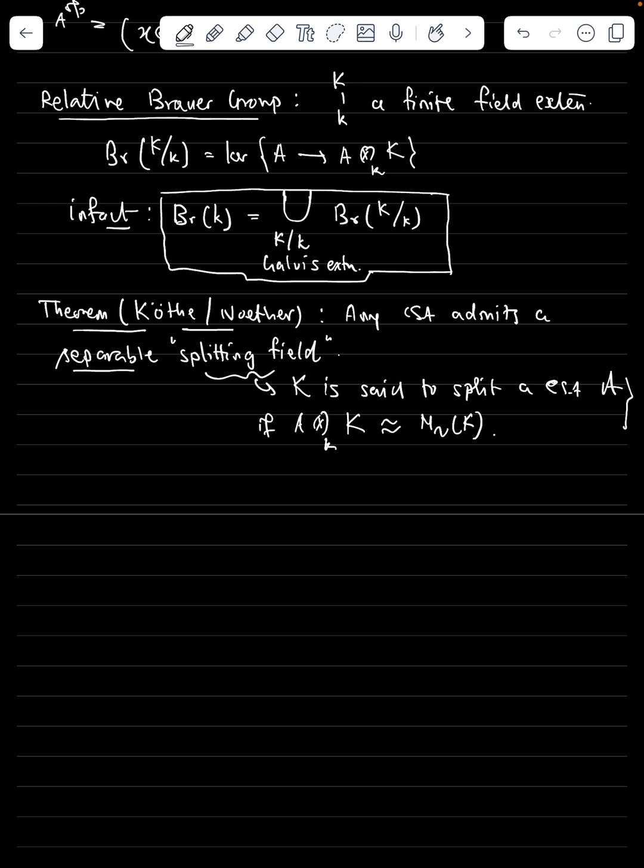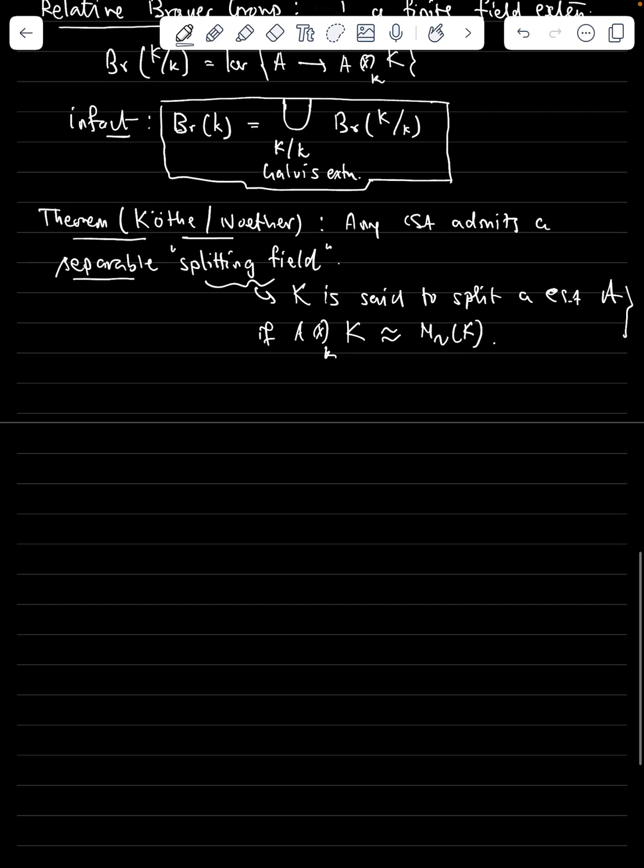And this relation also shows another interesting thing, which let me again just state as a lemma, because this is not very difficult. That any Brauer group is torsion. Torsion meaning every element has finite order.